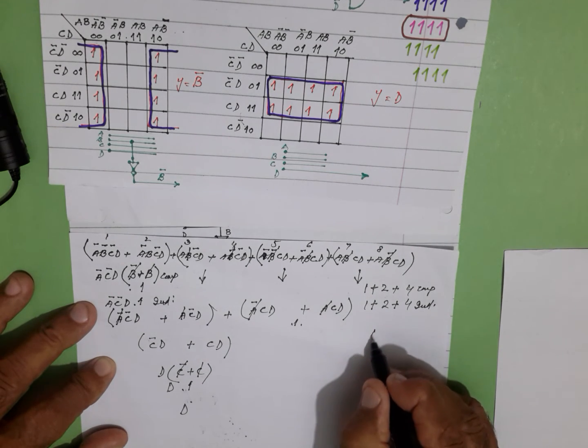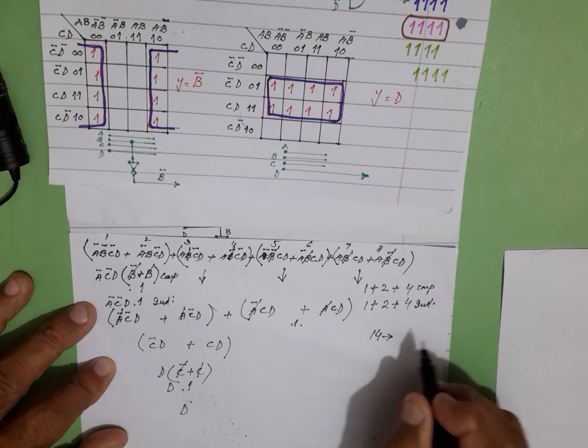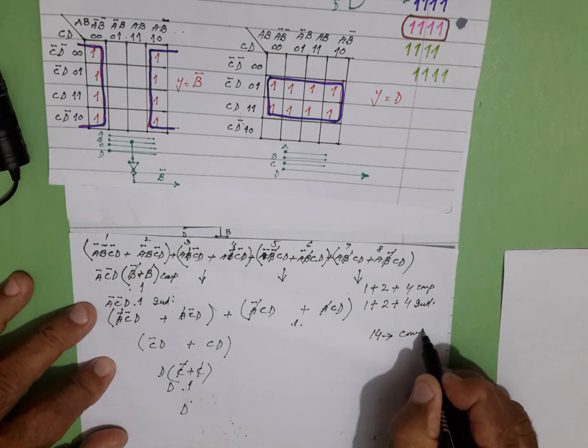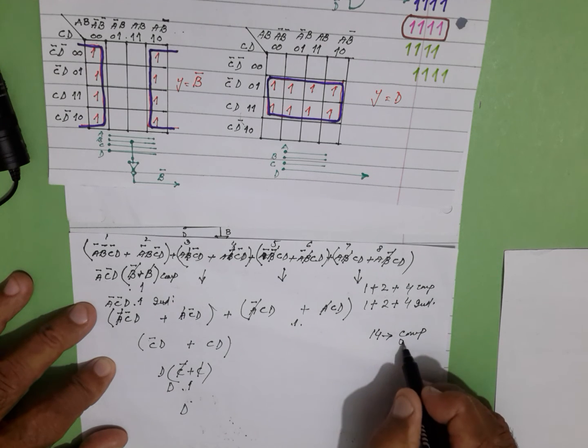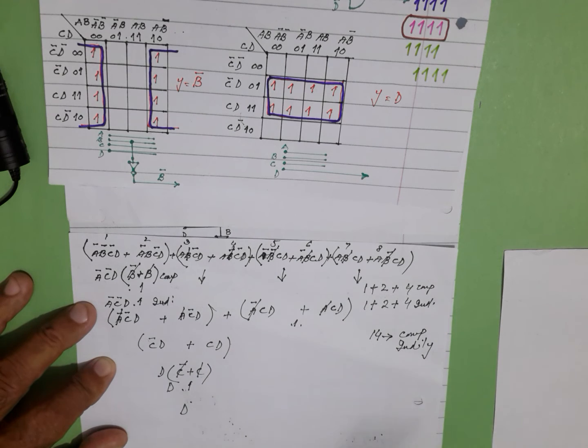See that these are the 14 times we have applied the complement law and identity law, and finally we got the Y function equal to D.